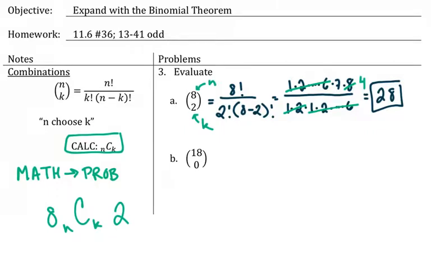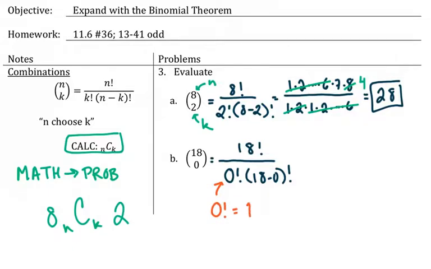With part B, you'll notice that there's a 0 in the denominator, which might cause some panic. If I've got 18 factorial over 0 factorial times 18 minus 0 factorial, you might freak out and say, oh no, there's a 0 in the denominator. This is one of those weird things with factorials. 0 factorial, as some of you might remember, equals 1.